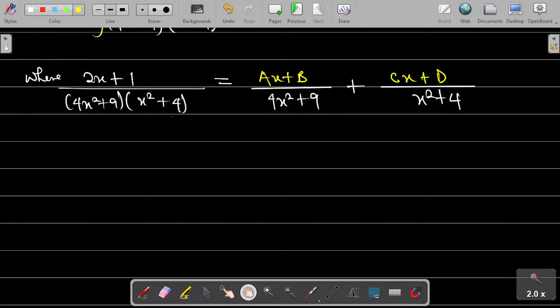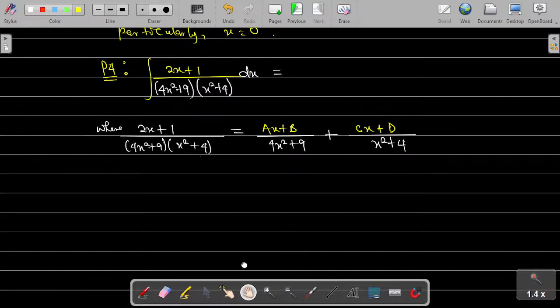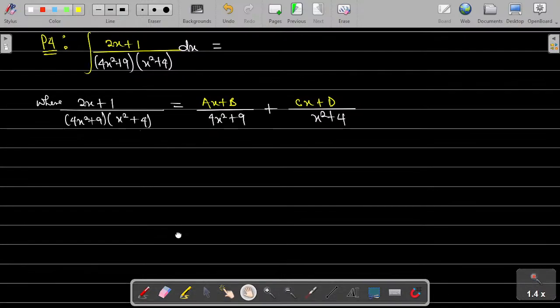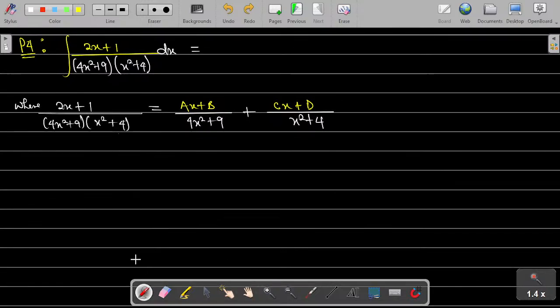Let me reduce this a bit so that we can have more space. So what do we do from here? Our intent now is to find a way to get our A, B, C, D. First we do that by taking the LCM, which is 4x squared plus 9 into the bracket of x squared plus 4.